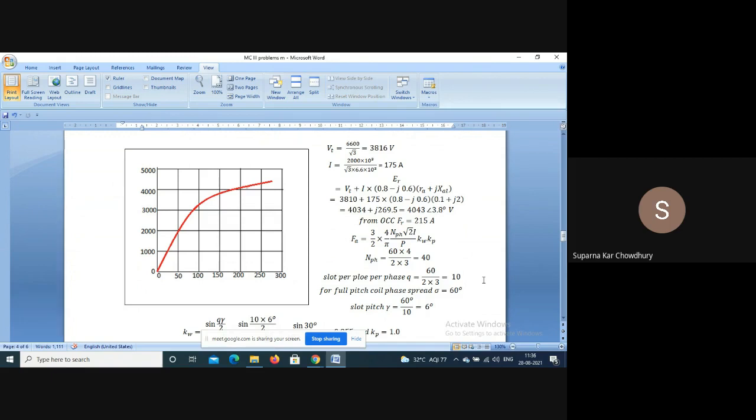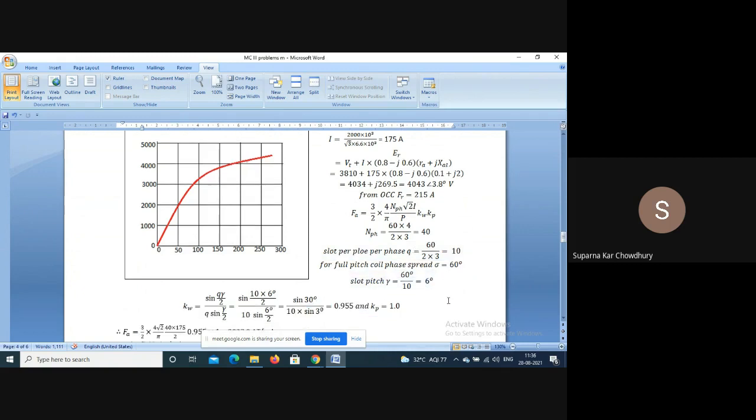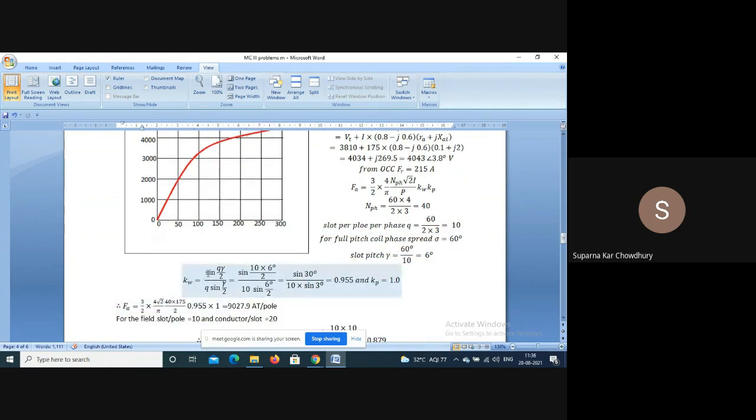So your slot pitch will be 60 divided by the slot per pole per phase, which is 6 degrees. So we get Kw equal to sine of q gamma by 2 divided by q sine gamma by 2. We are only considering the fundamental, not the harmonics, since no information about harmonics is given. So sine of 10 into 6 by 2 divided by 10 into sine 6 by 2 gives you 0.955, and Kp we have assumed 1.